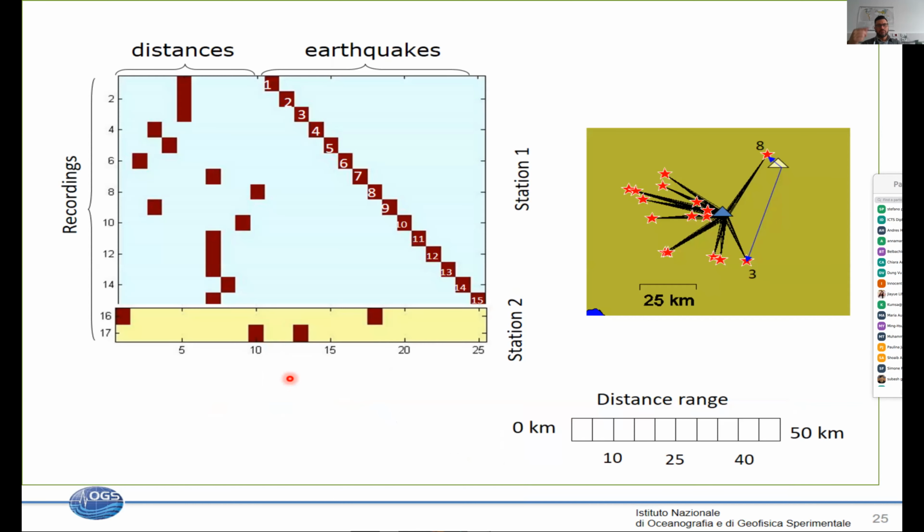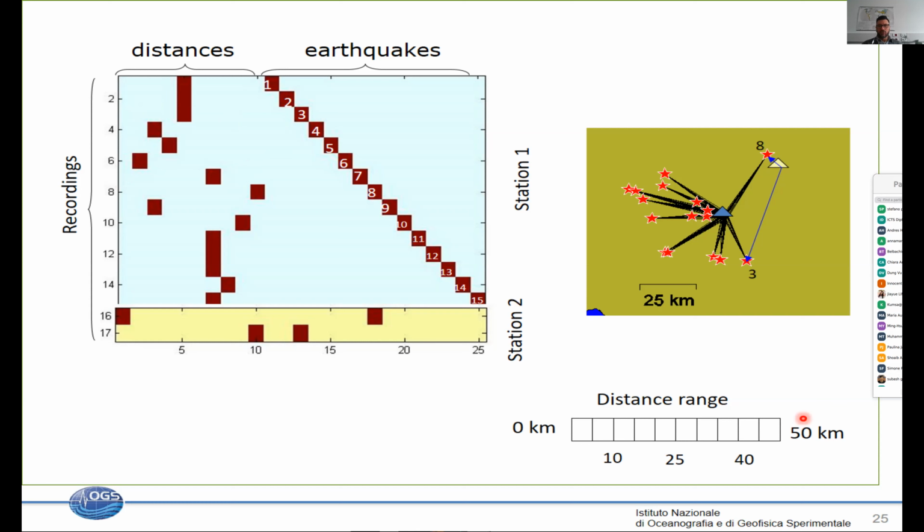If we turn it a little bit back, this is all the part of the matrix for station 1. And these are, for station 1, the bins for the distance and the different earthquakes. Just imagine we are recording 15 earthquakes in this case, and there is a certain number of bins for distance, like 1, 2, 3, 4, 5, 6, 7, 8, nearly 10 for the distance.